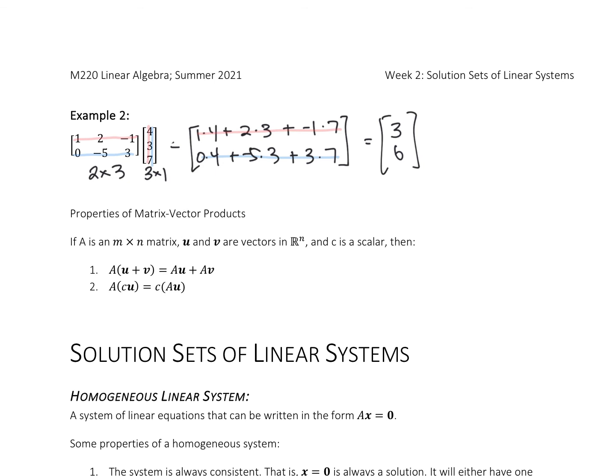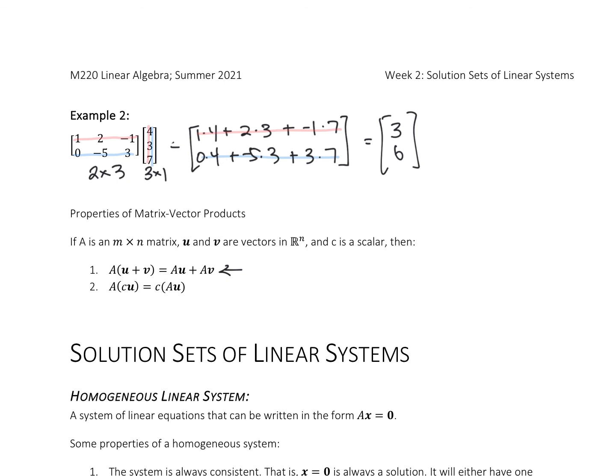This first one says that if I take the product of the sum of 2 vectors, I can distribute the matrix to the 2 vectors and it will come out to the same sum. Whether I sum the vectors first and then multiply by the matrix, or multiply the matrix by each vector and then sum, I'll come out to be the same thing.